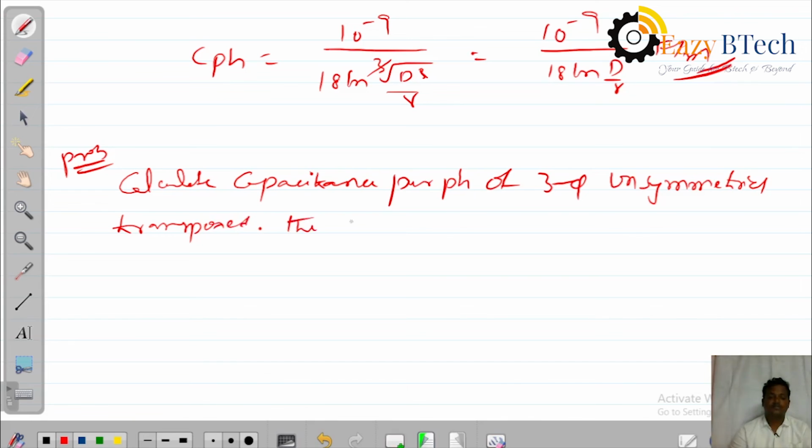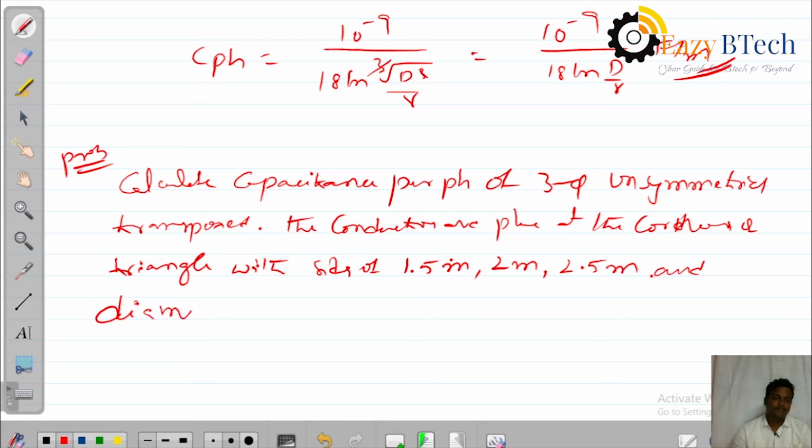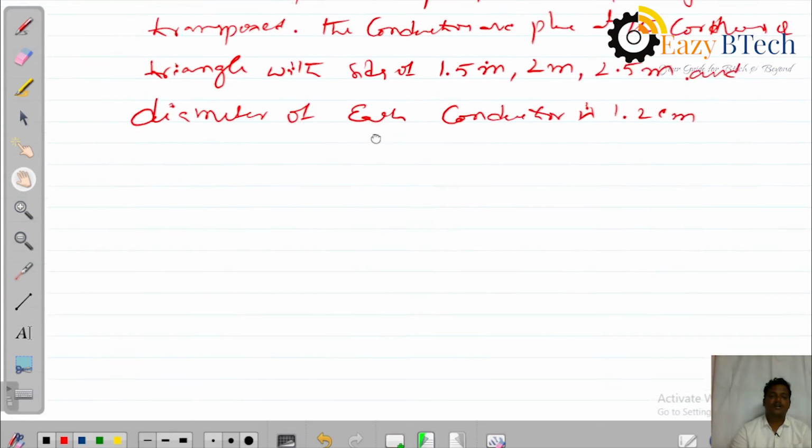The conductors are placed at the corners of a triangle with sides of 1.5 meters, 2 meters and 2.5 meters, and the diameter of each conductor is 1.2 centimeters. For this case, how can we calculate?